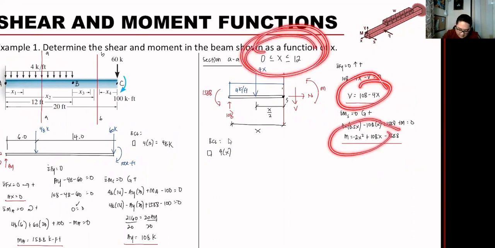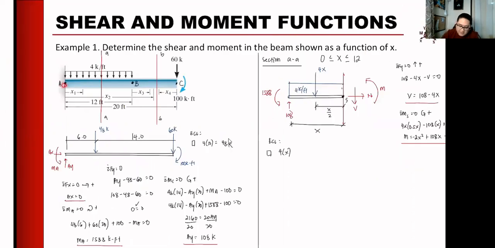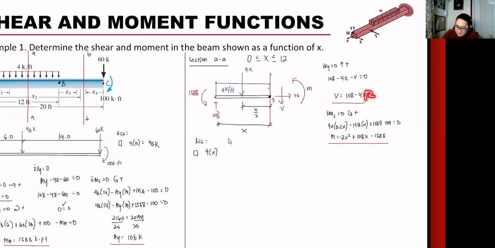So itong segment na to is from 0 to 12, kaya valid siya doon. Okay? So ibig sabihin kung gusto natin sa 12, ilagay lang natin si 12 dito, and then kung ano yung makuha natin value, pag sinubstitute natin yung 12 dun sa x, that will be our value, internal forces dun sa mga distances na yun.